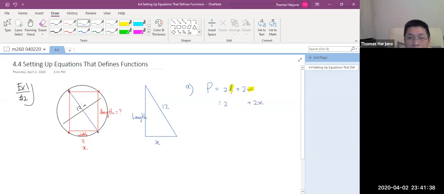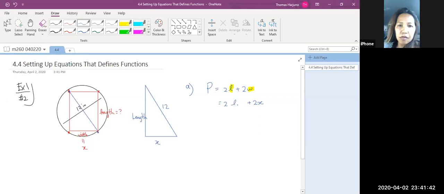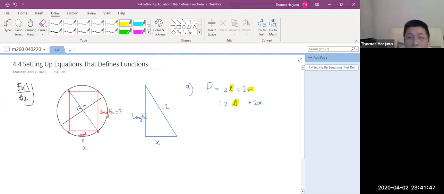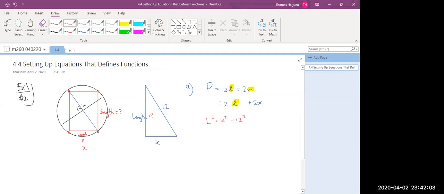But what is my length? I will use the Pythagorean theorem. By the Pythagorean theorem, in terms of x, the length squared plus x squared equals 12 squared. Is it right?